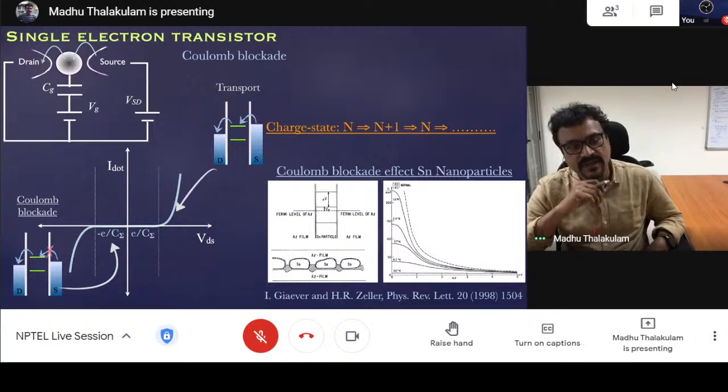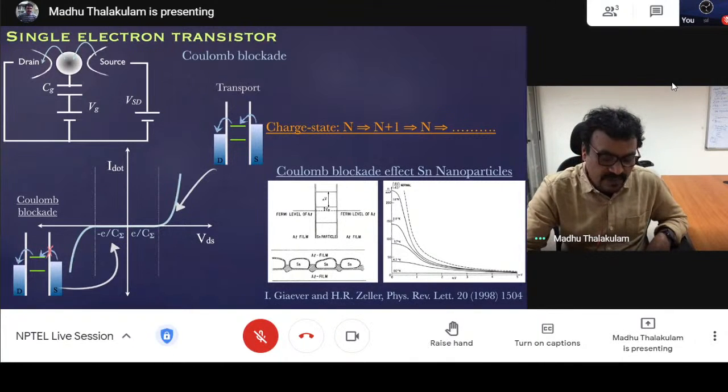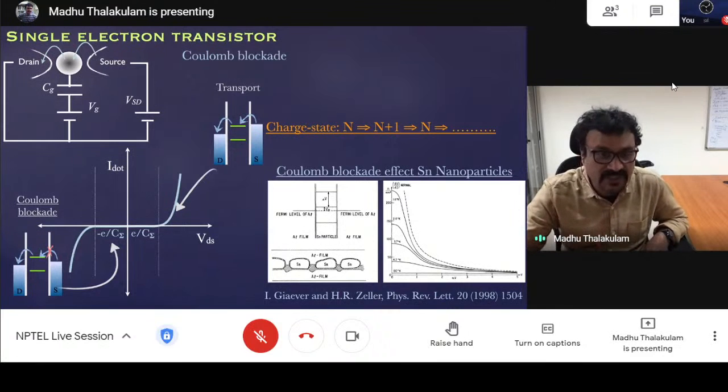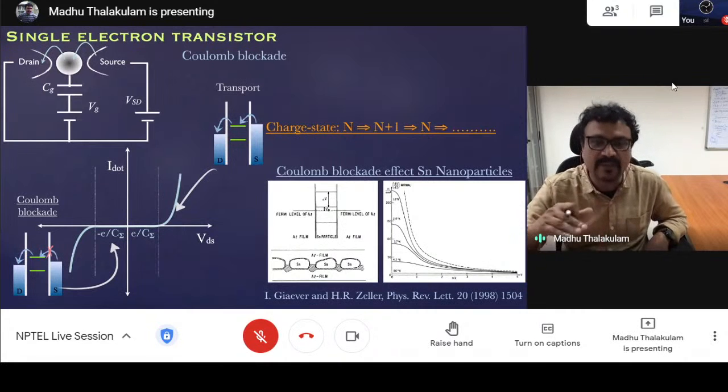And we just learned that in normal conditions, when the temperature energy is lower, you have to give extra energy to push electrons on and off the dot. In the normal state, no transport will happen because the charging energy is substantial compared to temperature energy.